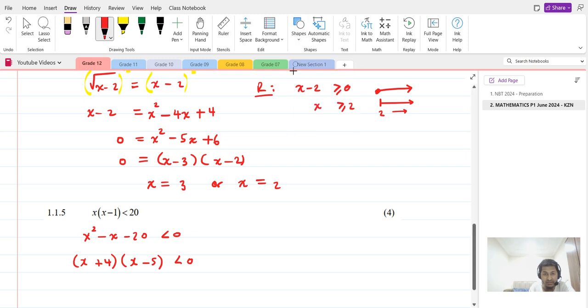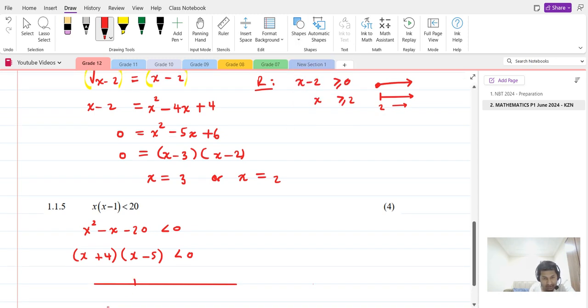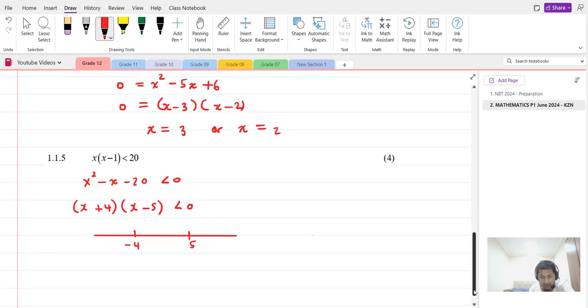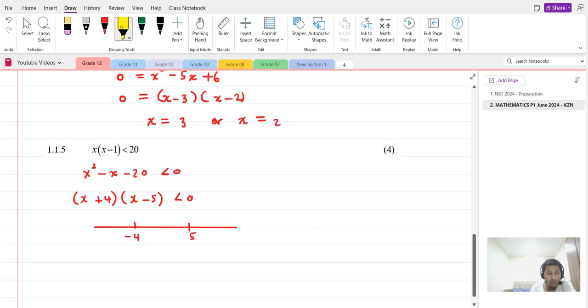Now to solve this inequality, we're going to draw a number line and write minus 4 and 5, because those are the critical values. Now to figure out the sign, substitute any value after 5. If I substitute any value after 5, like 10, plus 4 is positive, 10 minus 5 is positive, positive times positive gives me positive. So now you can alternate the signs because they are linear factors. And what answer do we want?